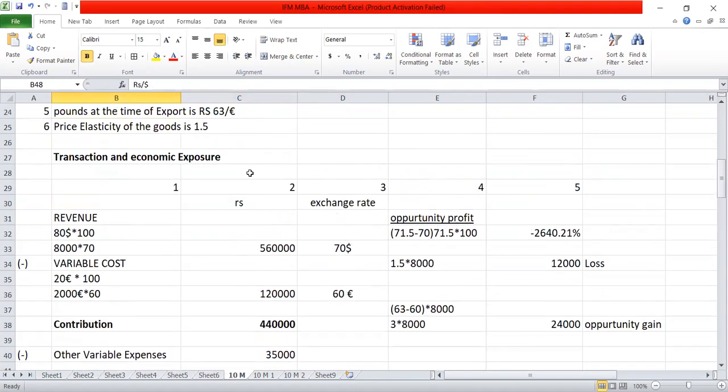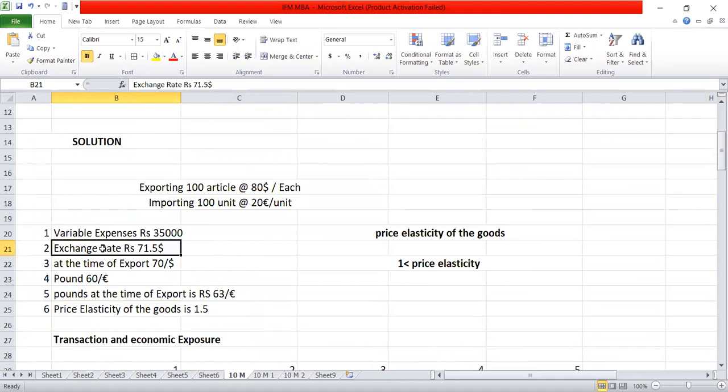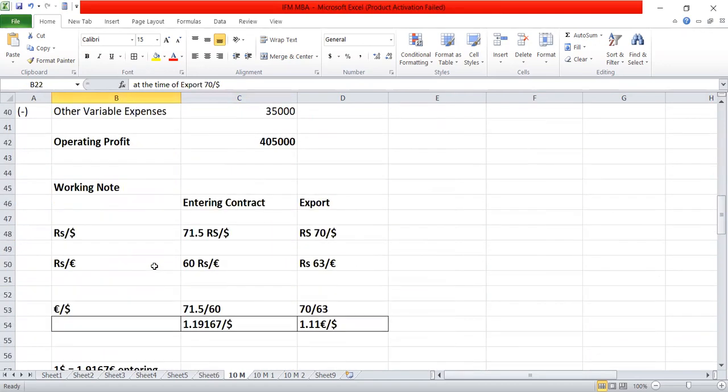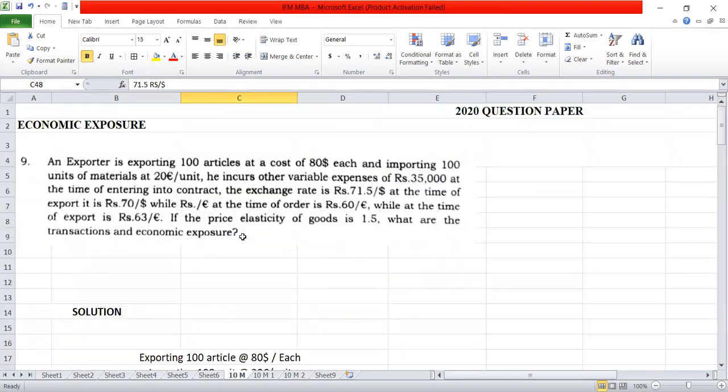First we will see the working note we have prepared. The exchange rate is 71.5, but at the time of export it is 70 per dollar. When entering into the contract, it is 71.5 rupees per dollar, as they have given in the question.